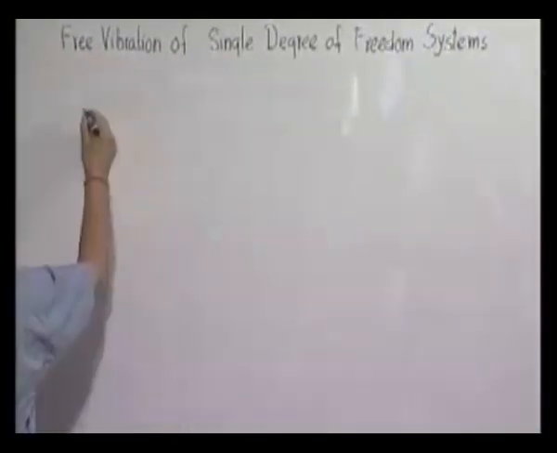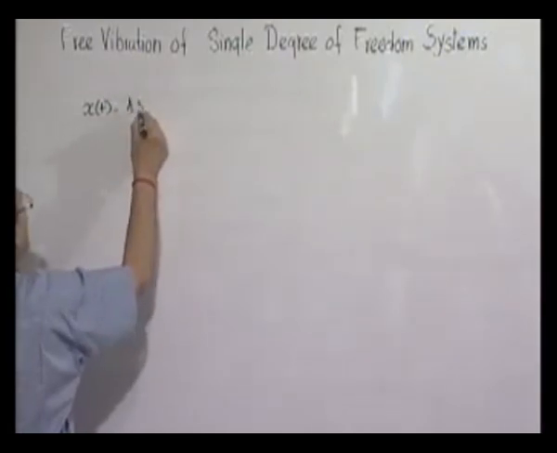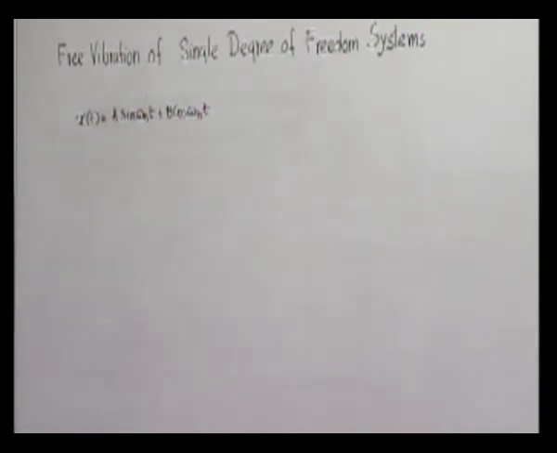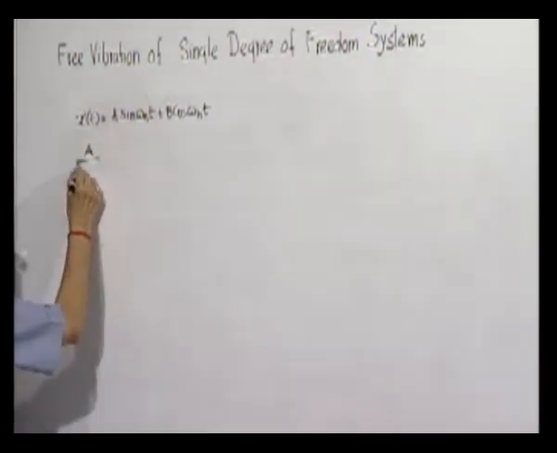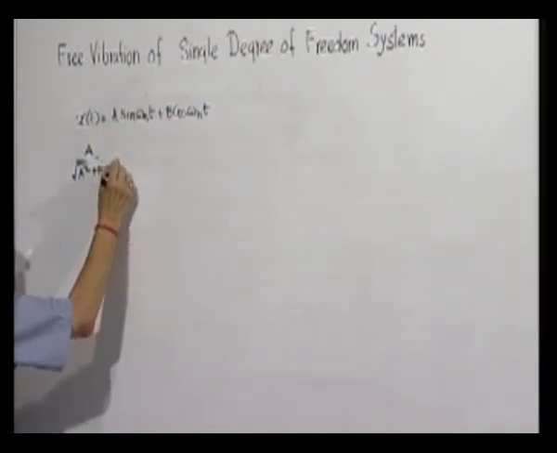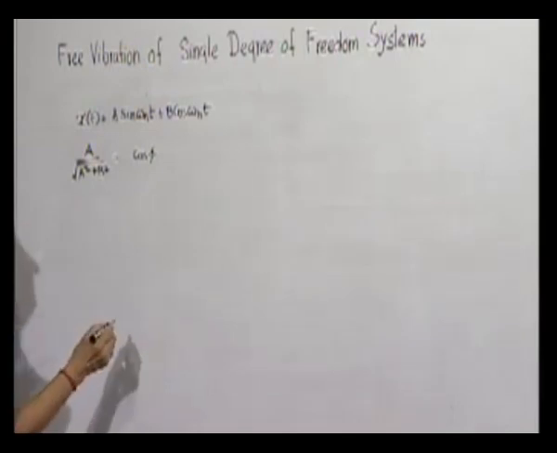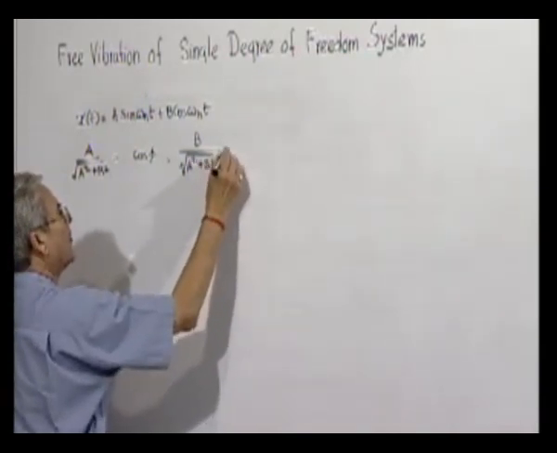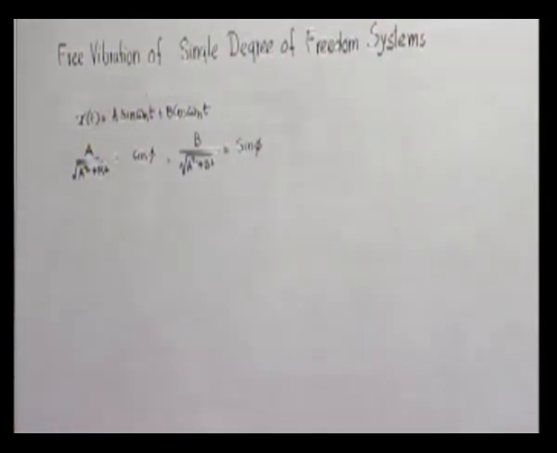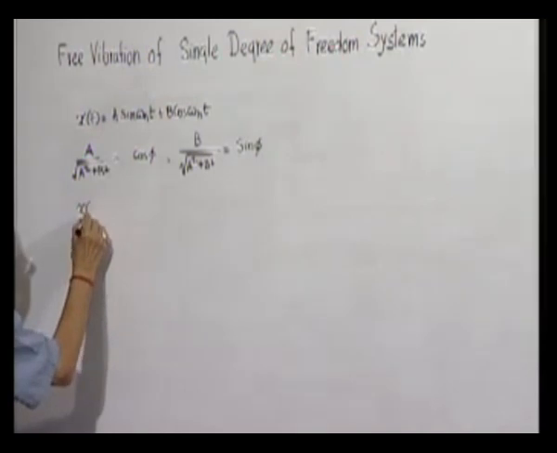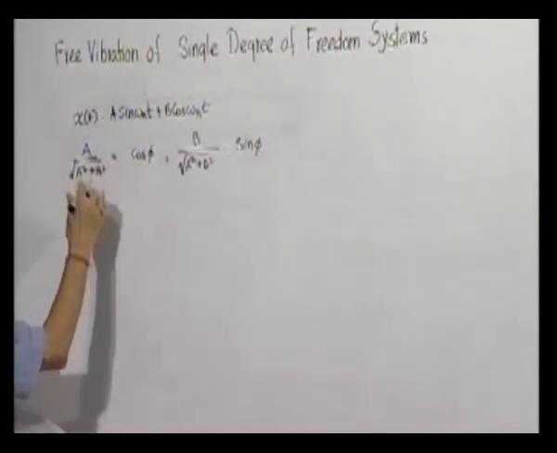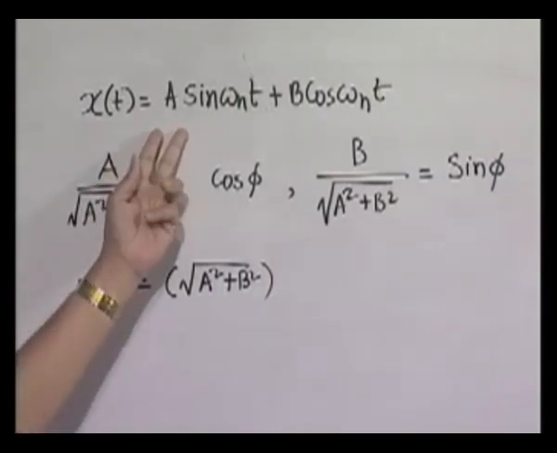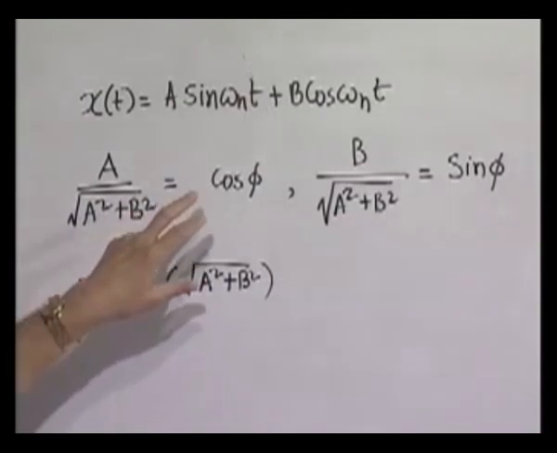Say if we take the solution and let us substitute a by square root of a square plus b square is equal to say, then what we can get x t is equal to, now we can first multiply by square root of a square plus b square and divide this by square root of a square plus b square, which are nothing but cosine phi and sin phi.